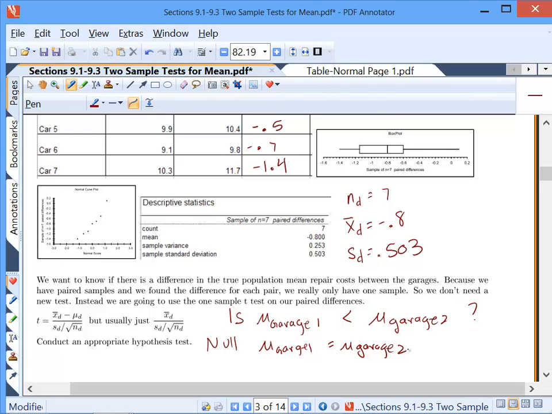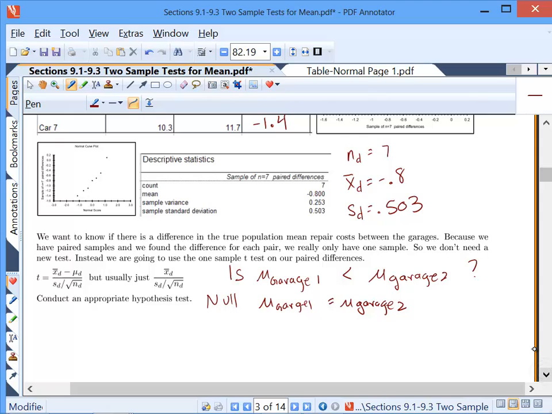If your two population means are equal and you went through and found the differences for all your possible pairs, what would you expect the mean of the differences to be? 0. Okay. So if your two means are equal, then we would expect the mean of the differences to be equal to 0.